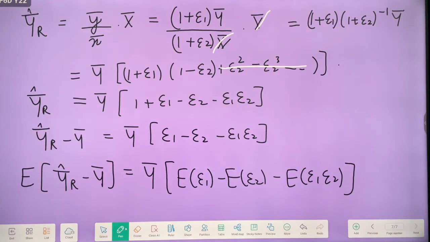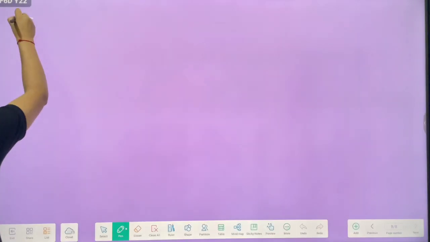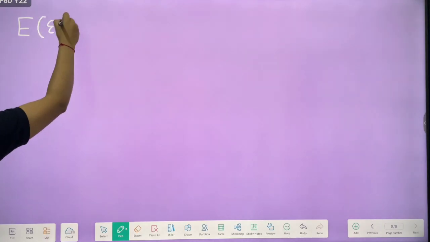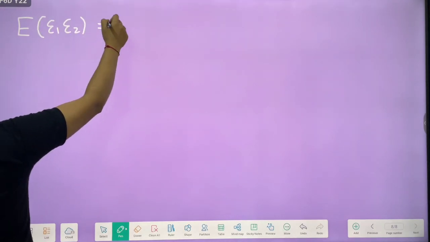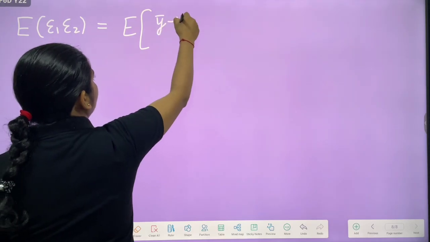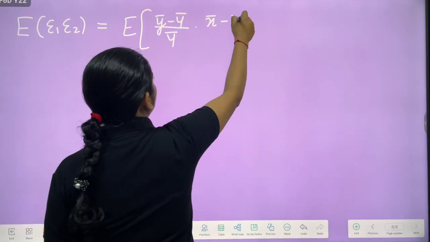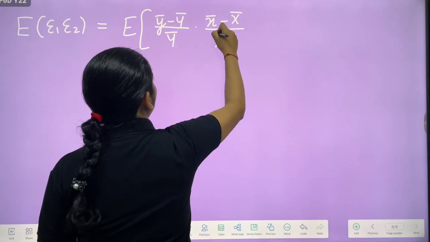Now we had not calculated estimation of epsilon 1 into epsilon 2. Let us do it here. Estimation of epsilon 1 into epsilon 2 can be written as estimation of y bar minus capital Y bar upon capital Y bar into x bar minus capital X bar upon capital X bar.